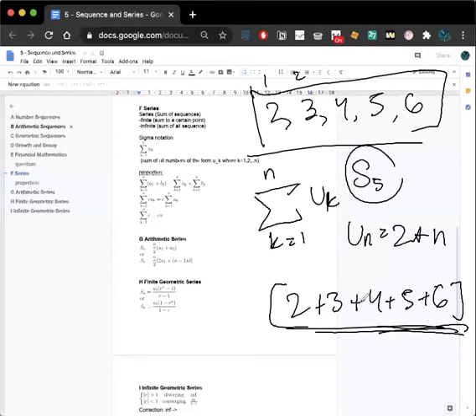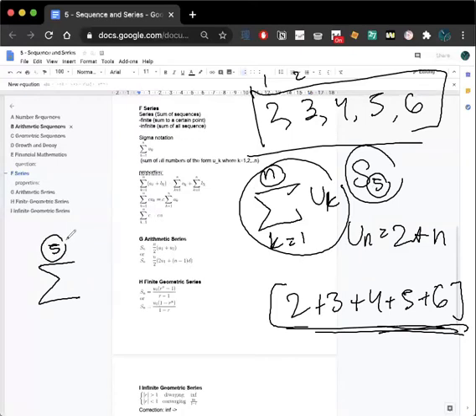So how we shorten that is we use the sigma notation, so that we don't have to write something like this. So we draw the sigma notation, and then the n would be the 5. That is the final limit, or the last term that you want to add.